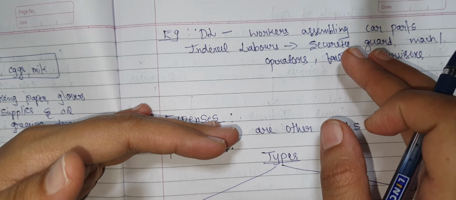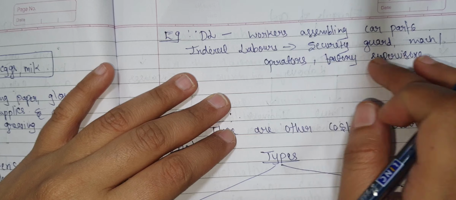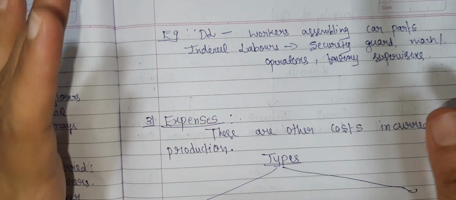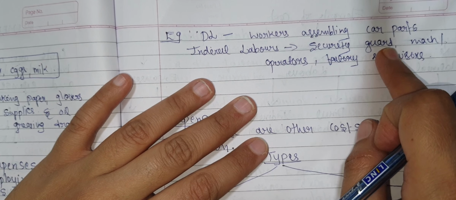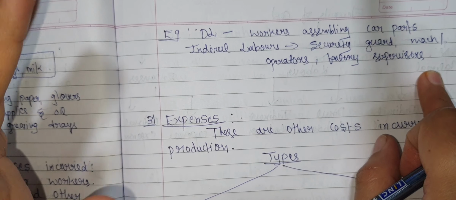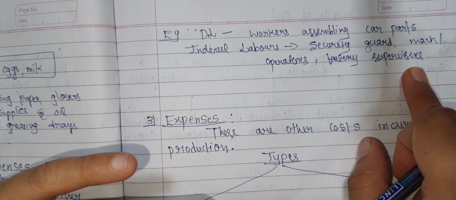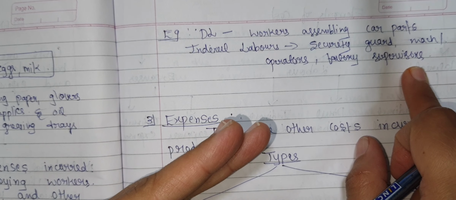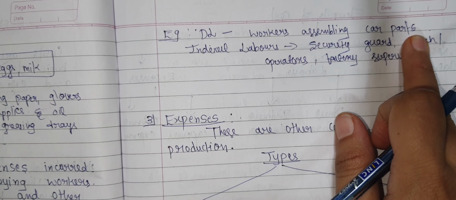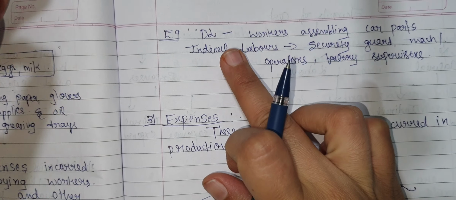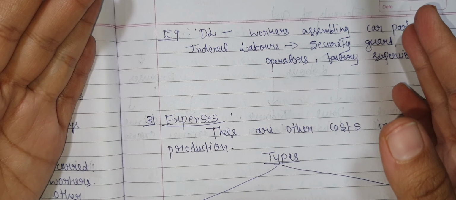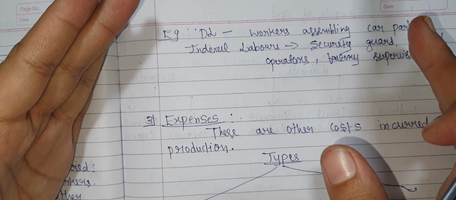We pay wages to them. These people support the production but they are not directly involved in it. Security guards, machine operators who maintain the equipment, and factory supervisors who supervise the factory. But workers assembling the car parts are directly engaged in the production. That's why we call them direct labor. Indirect laborers are part of the production, but they are not directly engaged in it. Clear? I hope this is clear to you all.